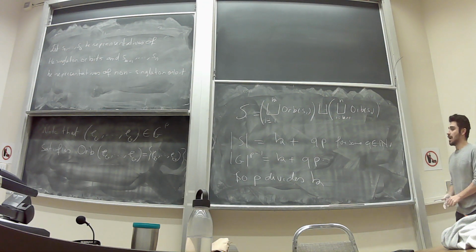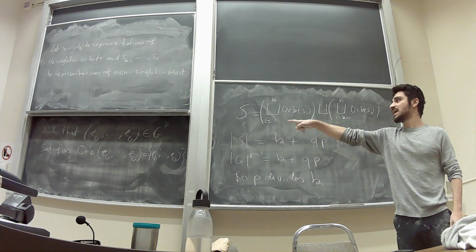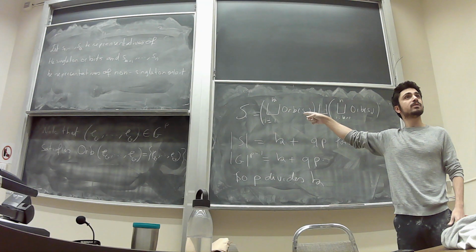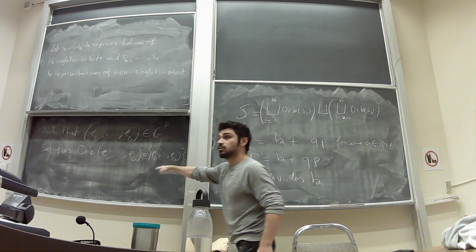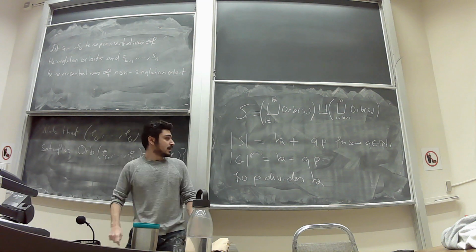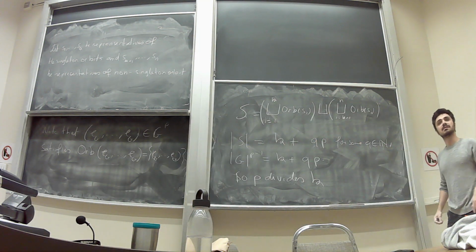Now, how many singleton orbits do I have? What can I say about k, the number of singleton orbits? At least one. K is at least 1. Now that p divides k and k is at least 1, what can I say about k? K is a multiple of p.